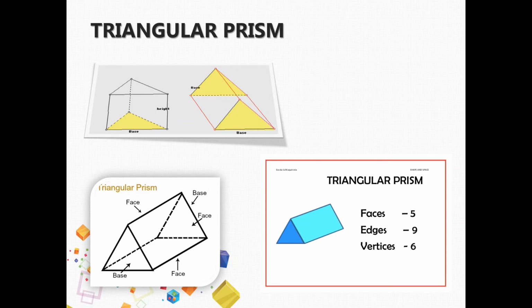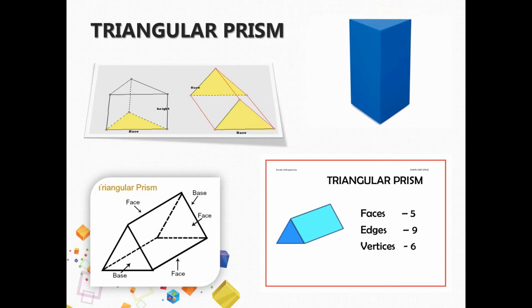So children, the next shape that we will be discussing is triangular prism. This shape you will be coming across a lot when you will be doing your science practicals. And let's try to count the edges, faces, and vertices of a triangular prism. Now the first thing you should know is that in a triangular prism, the base decides the name. Like here, you can see that the base is a triangle.